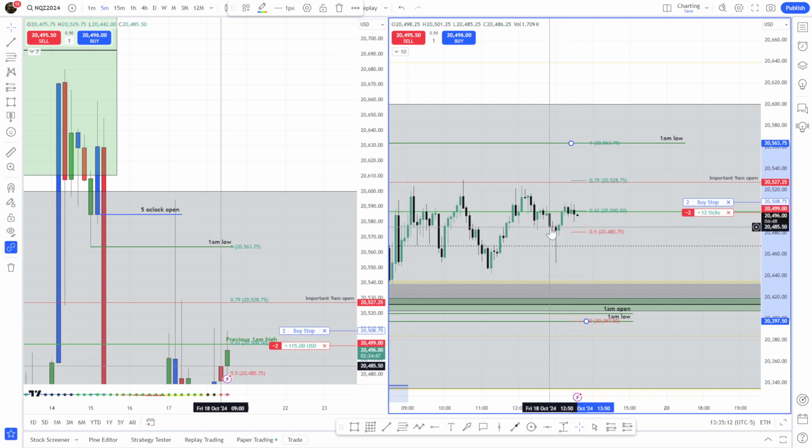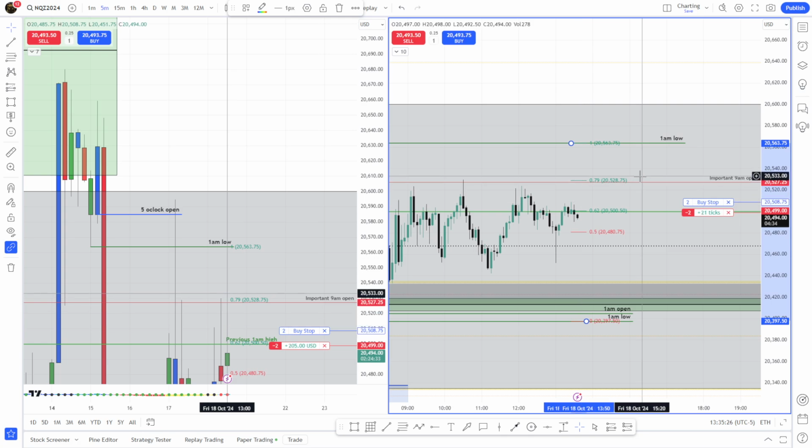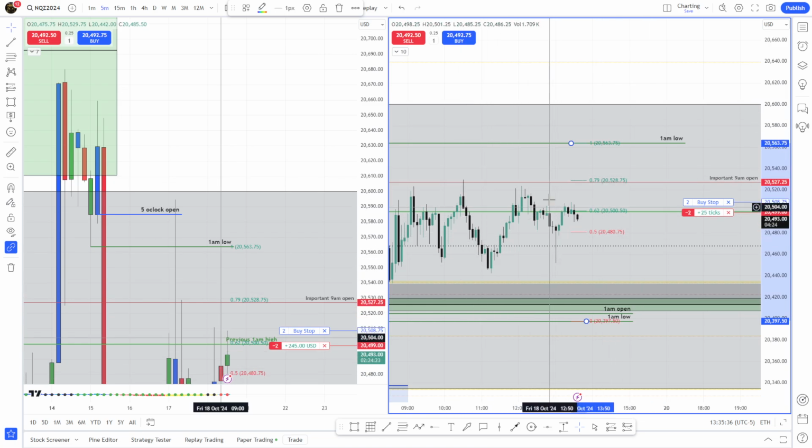Like this candle opened almost at 50%, wicked down, came back up above this previous 1 AM high. Okay, so we're in an area of premium and we're just kind of cruising right there. It's not making any moves. So far, no follow through really either direction. Just this big wick so far.